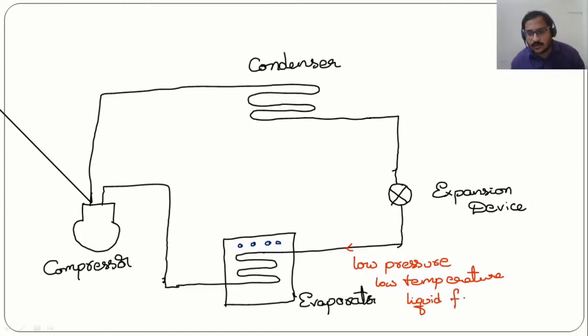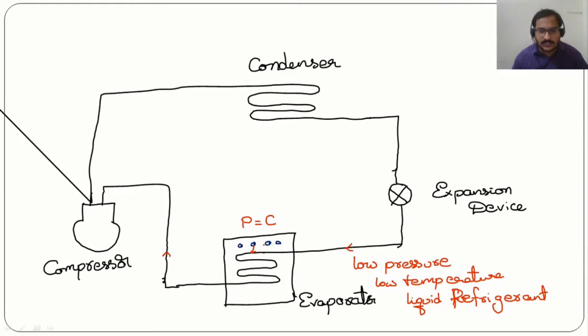So low pressure, low temperature liquid refrigerant enters into the evaporator. So in the evaporator, this low pressure, low temperature liquid refrigerant absorbs heat from the products that are to be cooled, and as a result of that there will be a phase change taking place at constant pressure. So here the pressure remains constant.